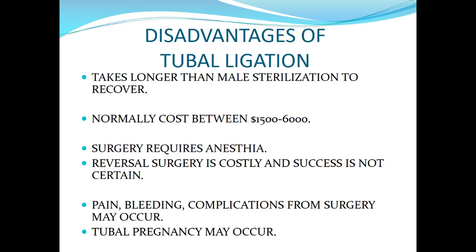If you want to reverse this, it is very costly and it's not always successful. Pain, bleeding, and complications from surgery may occur, so the surgical site can become infected. You could end up with a uterine puncture, and tubal pregnancies also can occur.